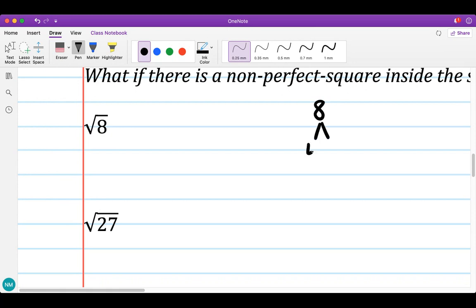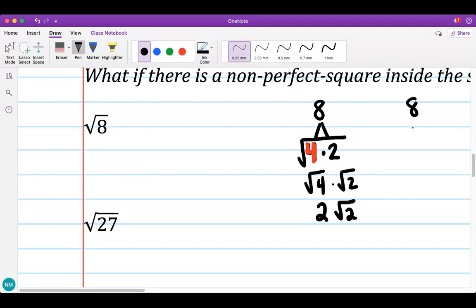You can find the biggest perfect square, which is 4, and find the square root of 4 times 2, which is the square root of 4 times the square root of 2, and the square root of 4 is 2, so 2 root 2. Or you can break it down, right? 4 times 2, 2 times 2.